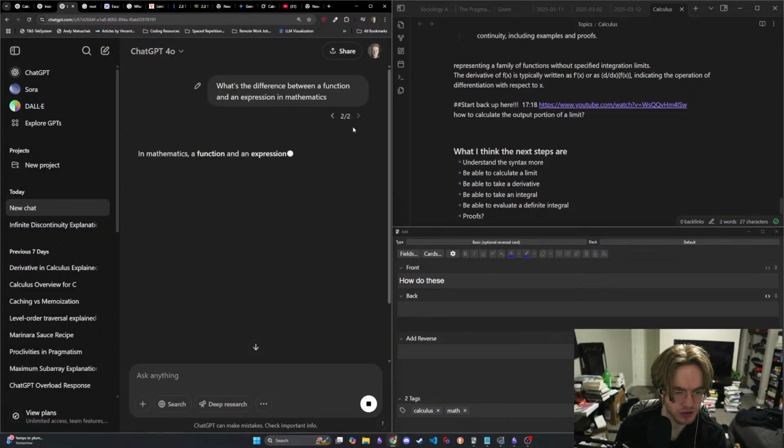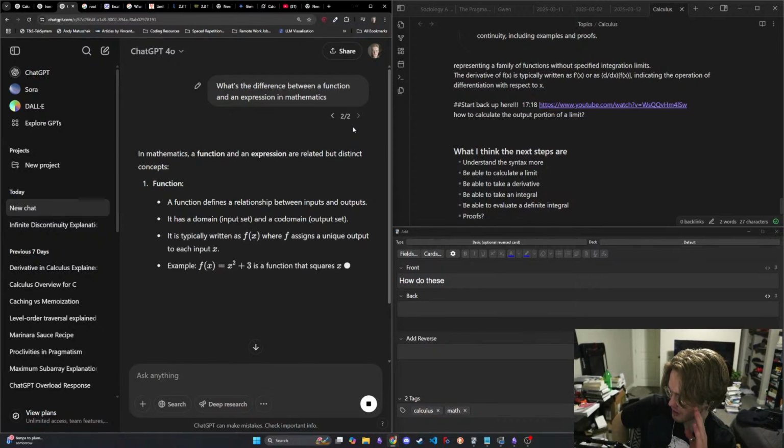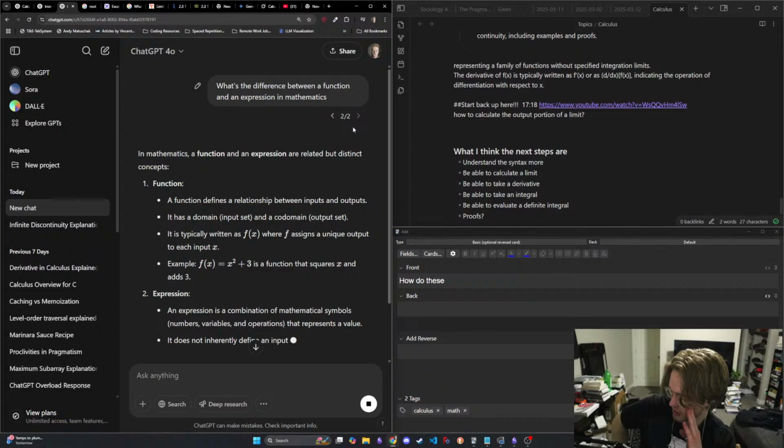I think my understanding to this point is that an expression doesn't take inputs and outputs. It's merely a description of some mathematical things. An example would be 2x plus 3.